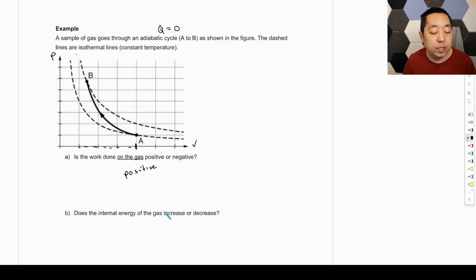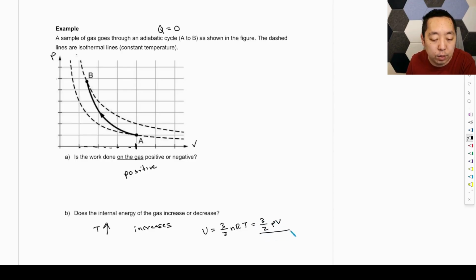Does the internal energy of the gas increase or decrease? These are called isothermal lines, and they represent increasing temperature. That's one way to think about it. So the temperature increases, which means the internal energy increases because the temperature went up. The other way to look at it is that the internal energy is 3 halves nRT or 3 halves PV, however you want to think about it.